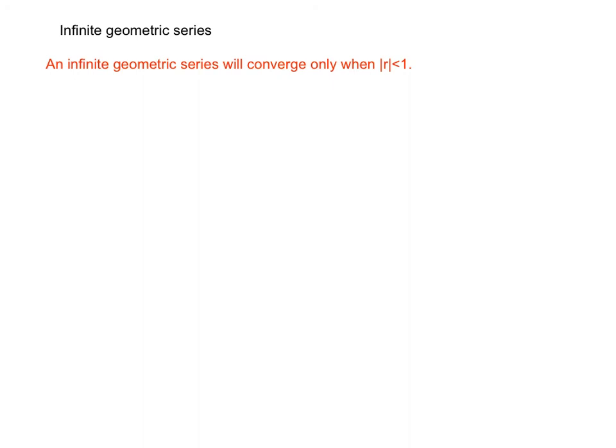In other words, it will have a sum when the absolute value of r is less than 1. In other words, when r is between minus 1 and 1. And remember, converge means it will have a sum.